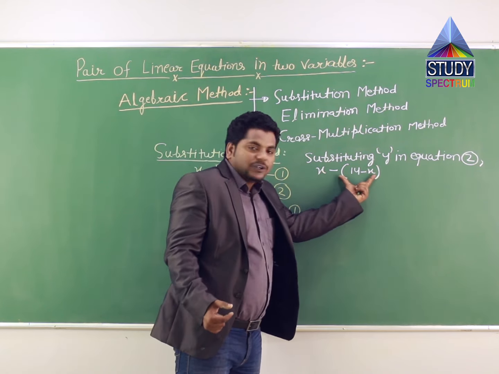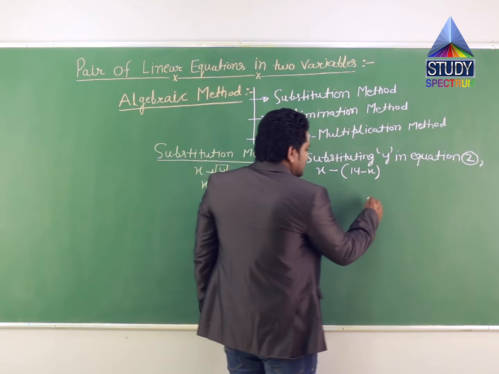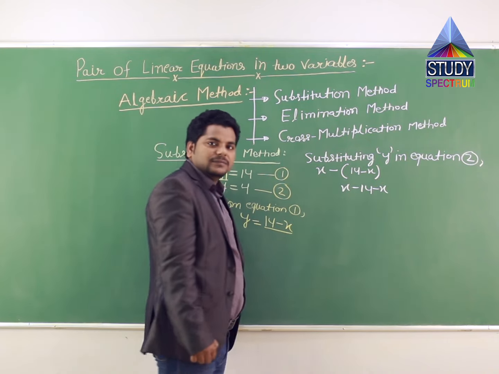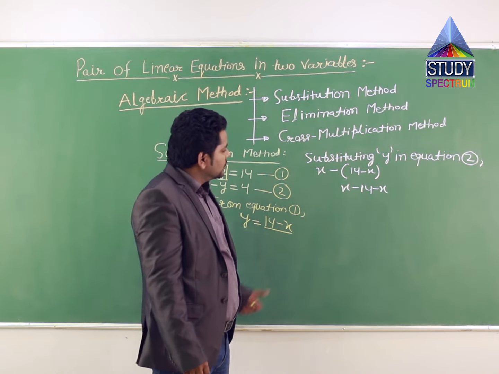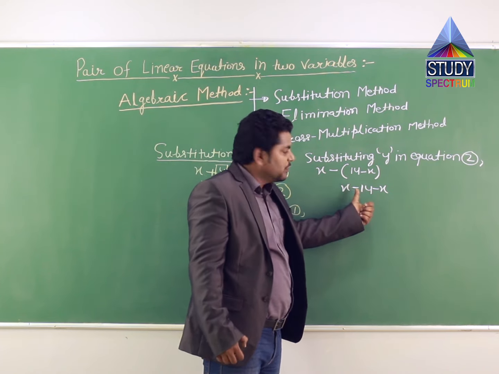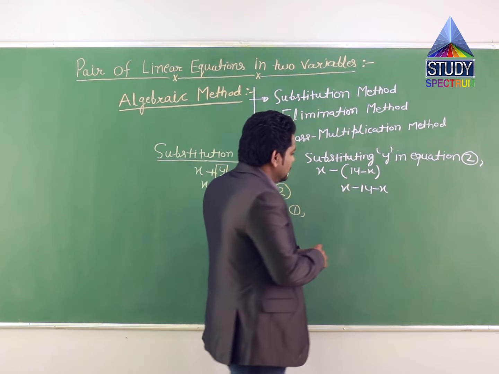We are subtracting this 14 minus x from x, treating it as a single entity. If you write only x minus 14 minus x, it is wrong. So when we have more than one term after a minus sign, you have to keep those terms within a bracket.